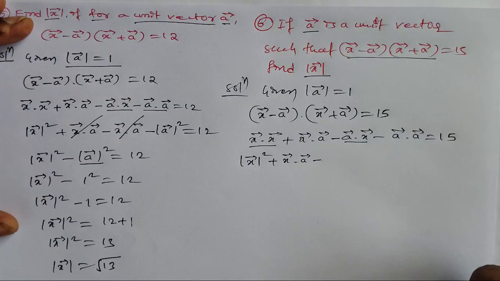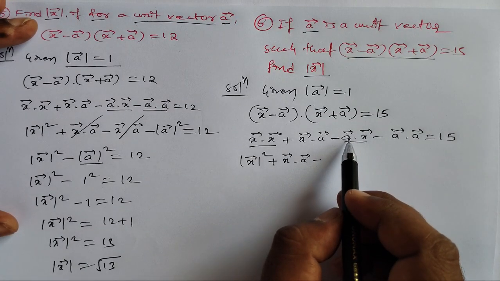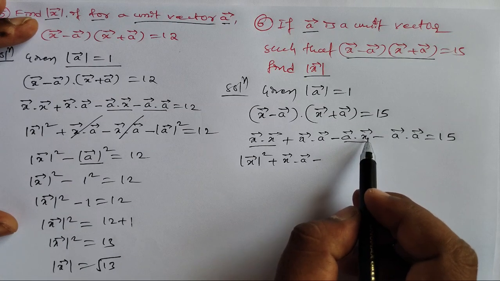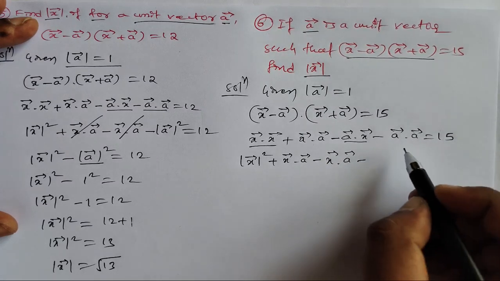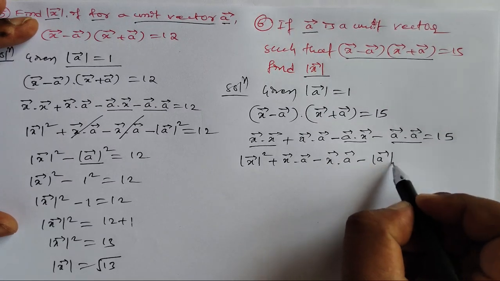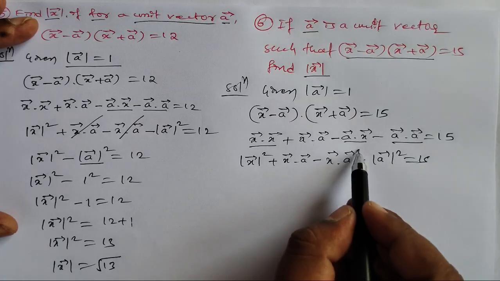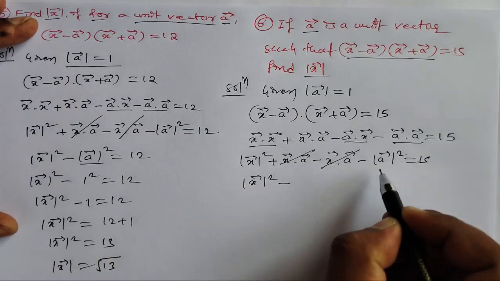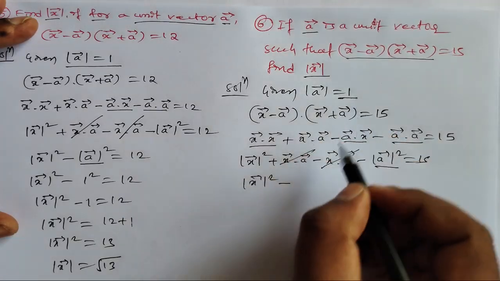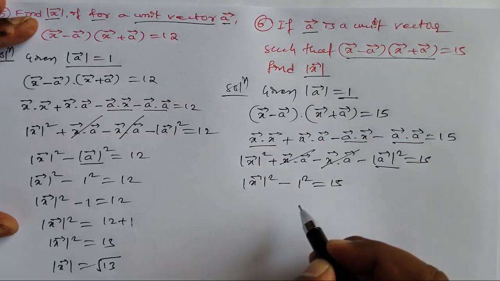I said the dot product is commutative, so a dot x equals x dot a. So this minus magnitude of a square is equal to 15, and these two terms are cancelled. Magnitude of x square minus, what is the magnitude of a? Magnitude of a is 1, square is equal to 15.